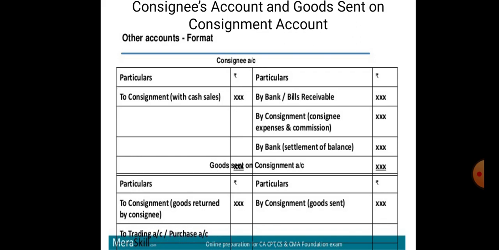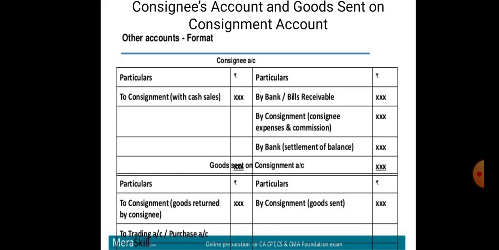Then coming to the credit side of the consignee's account, whatever advance has been paid to the consignor will be shown on the credit side of the consignee's account. Any expenses and commission charged by the consignee will come to the credit side, the expenses which have been paid by the consignee and the commission charged by the consignee.